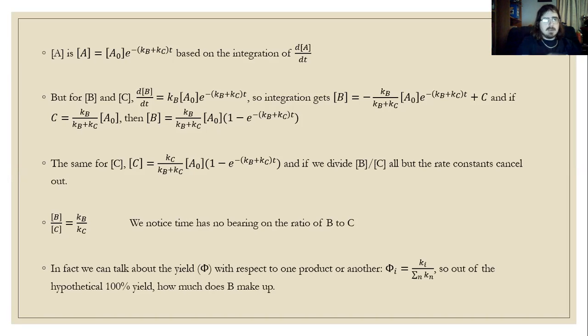Maybe the rate of Kb will change with temperature at a slower rate than Kc, so you can favor more B or less B. In fact, we can talk about the yield phi with respect to one product as the K over the sum of all the Ks. So out of the hypothetical 100% yield, how much does B make up? So it's possible to do that.